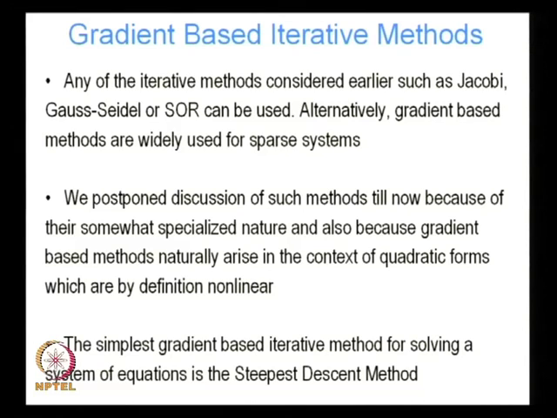We did not talk about gradient based methods till now because of their somewhat specialized nature, and also because gradient based methods naturally arise in the context of quadratic forms, which are by definition nonlinear. Gradient methods typically arise in finding the minimum of a quadratic form, for instance.